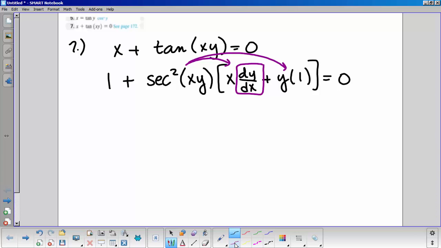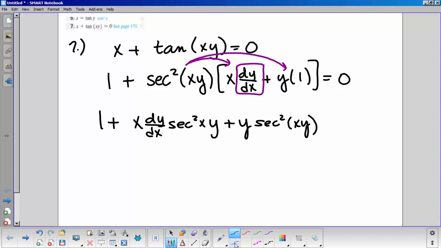So we're going to go 1 plus x dy/dx times secant squared xy plus y secant squared xy. Now I put the things we're multiplying by a trig function in front to keep them separated from the angle arguments.